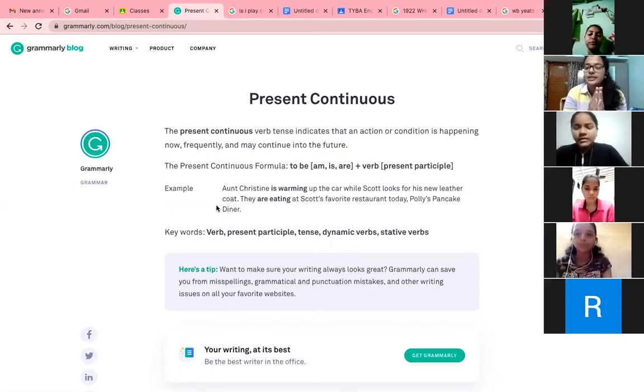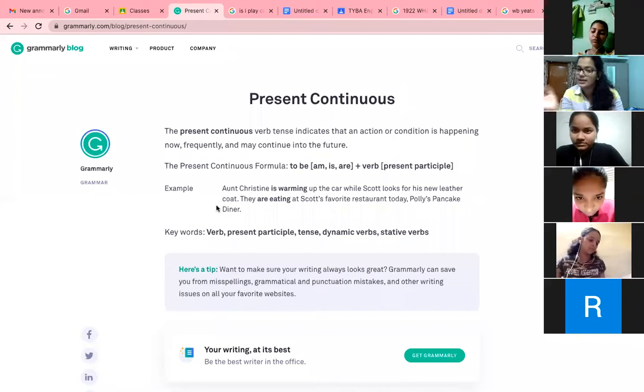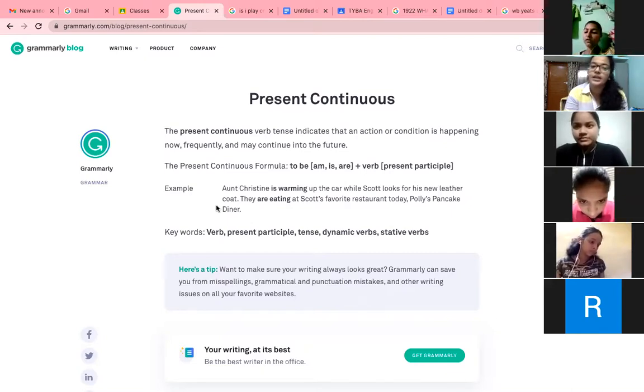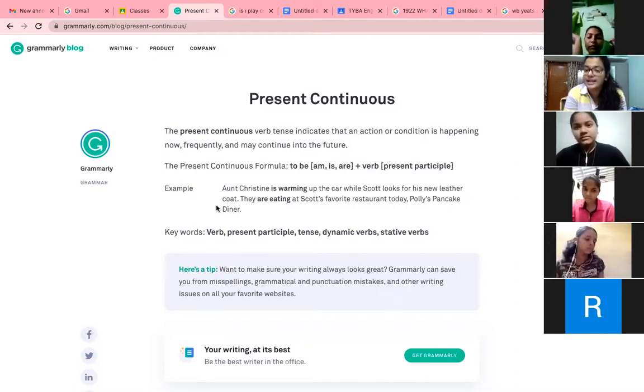The present continuous formula is to be, am is are, plus verb present participle. Okay? Example dekhte hain. Aunt Christine is warming up the car while Scott looks for his new leather coat. They are eating at Scott's favorite restaurant today, Polly's Pancake Dinner.